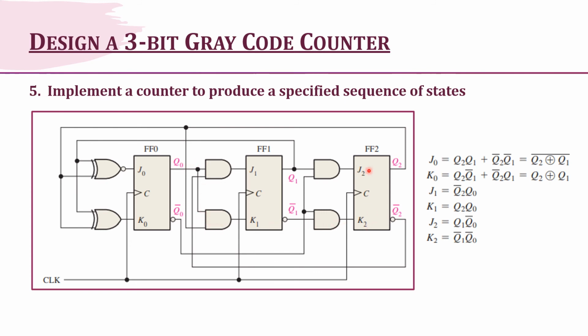Similarly, J2 is equal to Q1 into Q0 complement. This is the Q0 complement line. J2 is equal to Q1 into Q0 complement. Similarly, K2 is equal to Q1 complement into Q0 complement. So this is the counter for this 3-bit Gray code sequence.